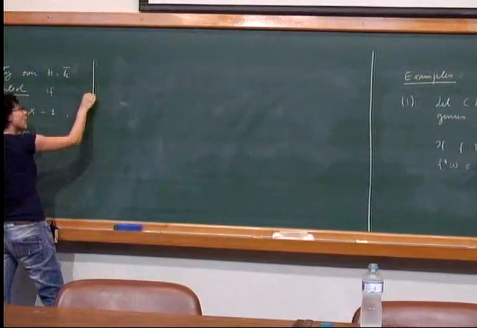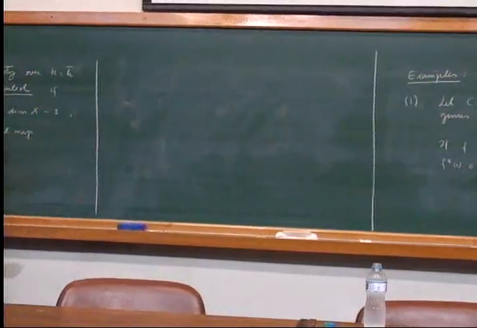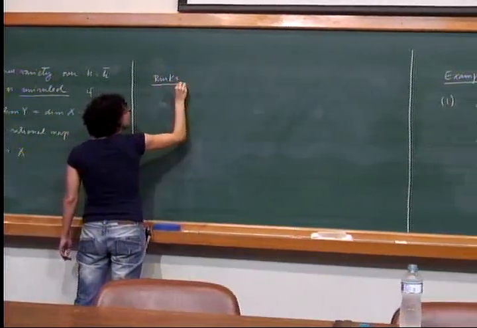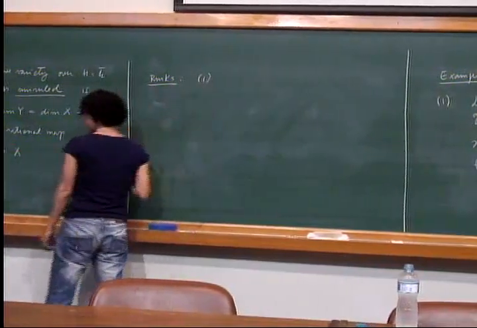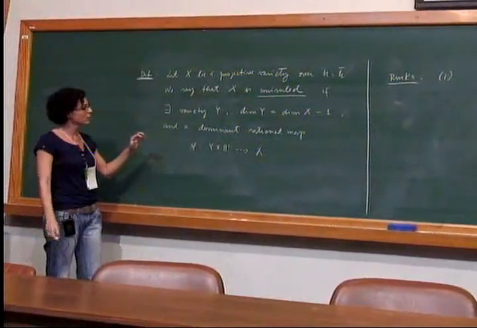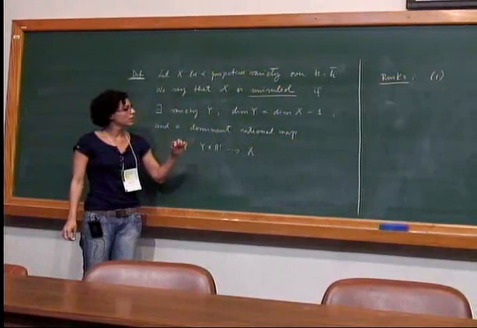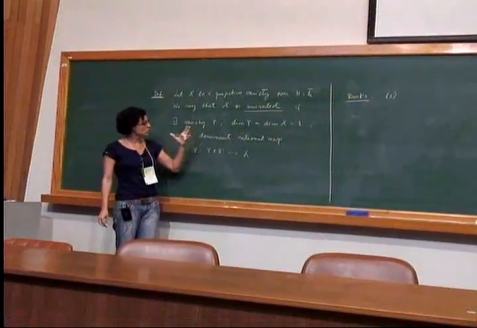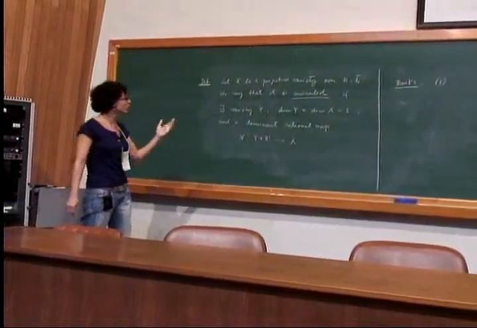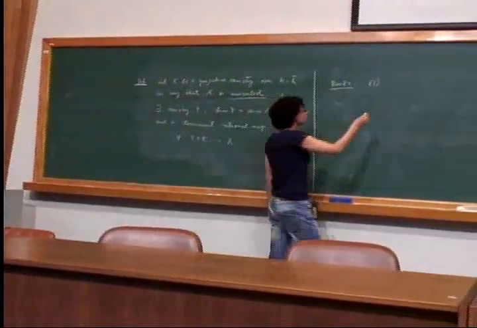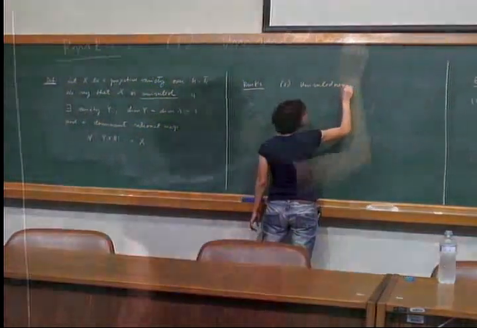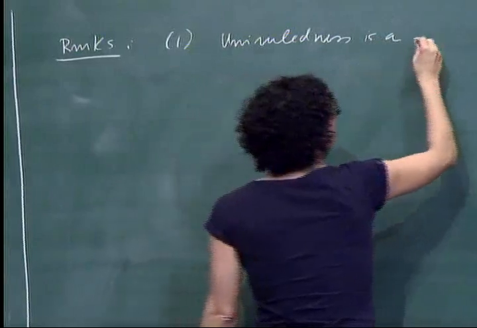So before I give you some examples, let me make a few remarks. So the first remark is that when you learn a new notion in algebraic geometry, you may want to check whether this notion is interesting. You start to see how well behaved it is. So for instance, in this case, we see that uniruledness is a birational invariant.